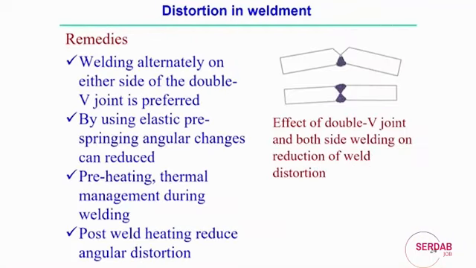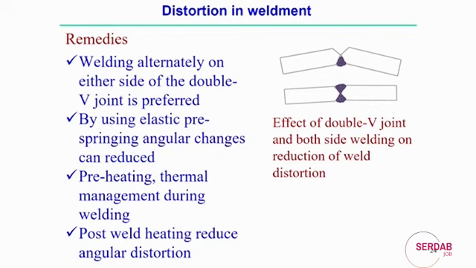Now, other methodologies also exist to reduce the amount of the distortion. If we simply look at this figure, the presence of only a single V, that means one-sided welding, will in most cases produce some angular distortion. Specifically, angular distortion mainly happens when the thickness of the plate is relatively high.